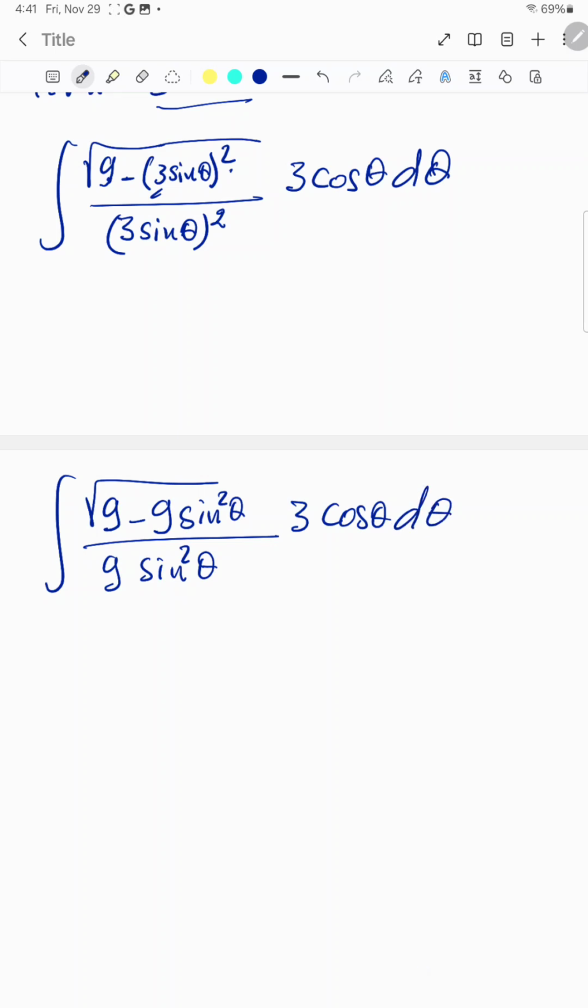And if I look at my square root here, I can factor out 9.